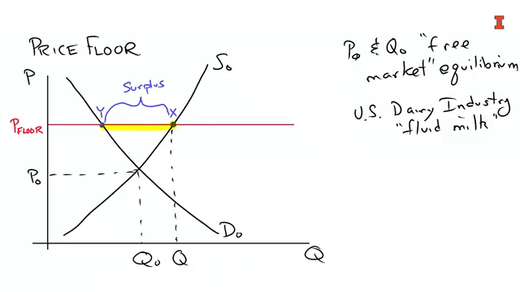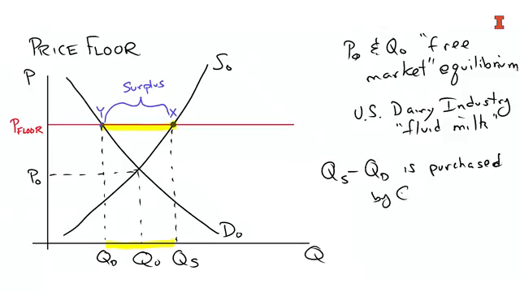We'll call this Q sub S. Consumers only want to buy Q sub D. So this gap, QS greater than QD, is the amount the government wishes to purchase. The government becomes the purchaser of last resort. They can hold that price up by making sure that all the milk being produced by the farmers, which is clear out here to X, they'll buy this amount that the consumers don't want.